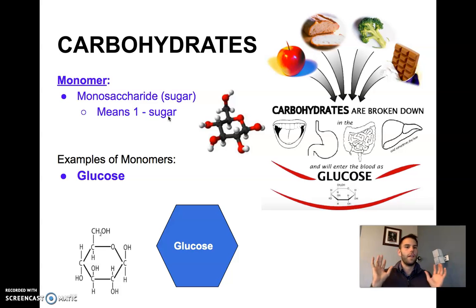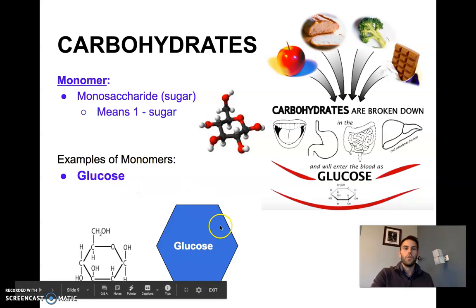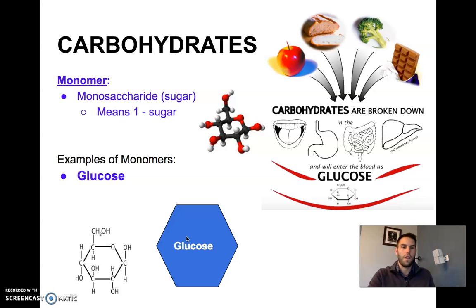Now, the big example that we're going to use, there are multiple types of monosaccharides, but the one that we are going to talk about 99% in this course is going to be glucose. Right? So glucose is an example of a monomer carbohydrate. It is an example of a monosaccharide. Right? And when you had any carbohydrate for breakfast, whether it was an apple, bread, broccoli, or chocolate, right?